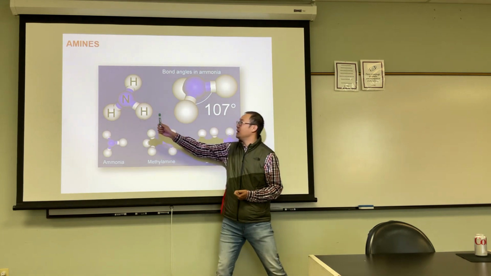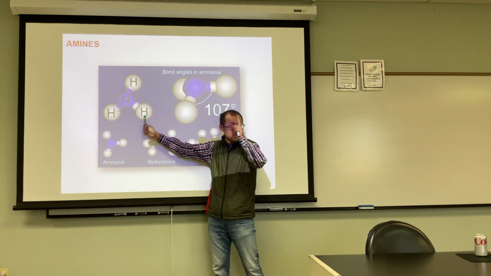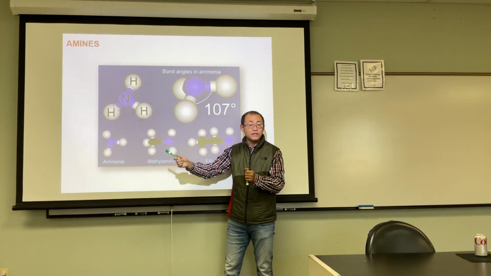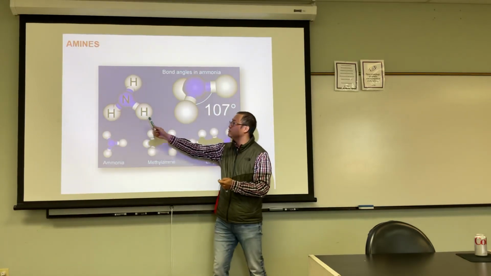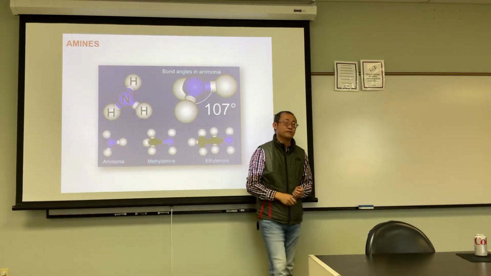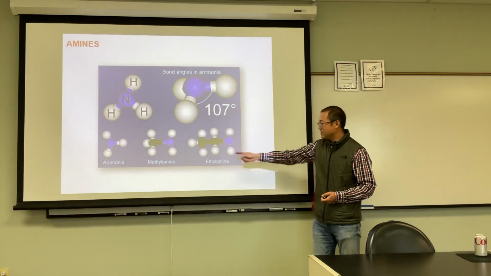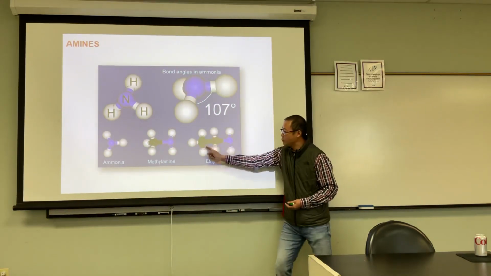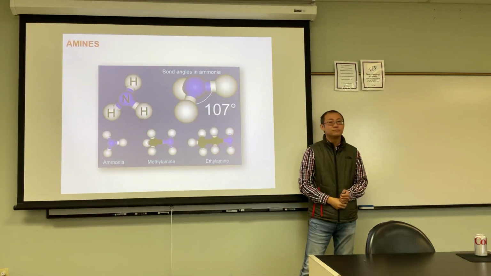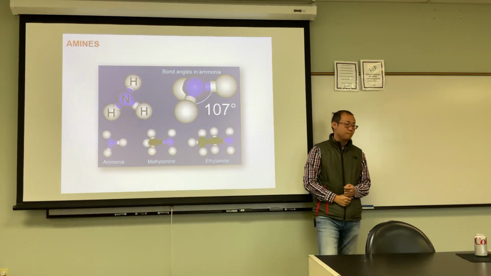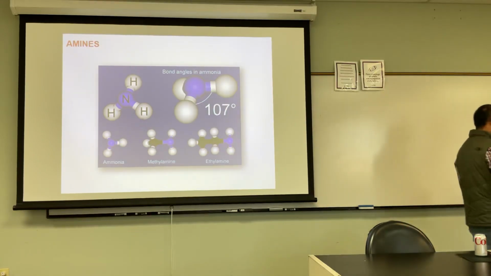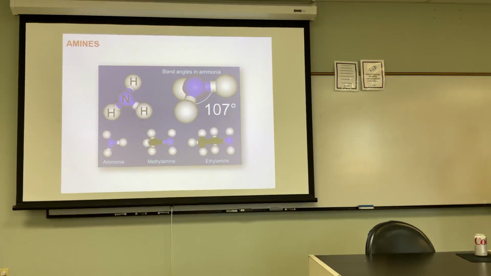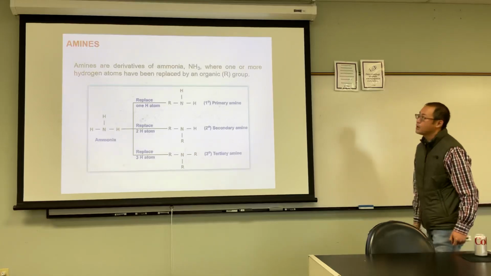Replacing at least one hydrogen in ammonia, NH3, with a carbon. Like these 2: this is replacing with a methyl group. This one is replacing with an ethyl group. You get an organic compound called an amine.